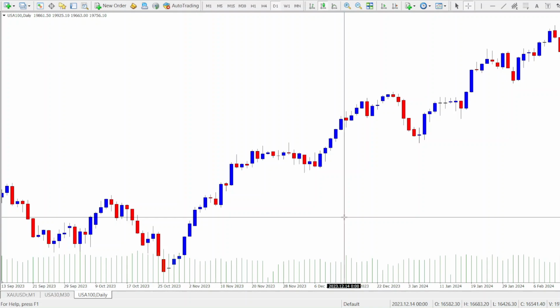Whenever you see the standard doji, you should be waiting for a breakout before you open your trade in the direction of the breakout. Whenever you see the long legs doji, if the body is around the middle, you should wait for a breakout. If the body is at the upper part of the candlestick, you should be waiting for a buy trade. If the body is on the lower part, you should be looking for a sell trade.